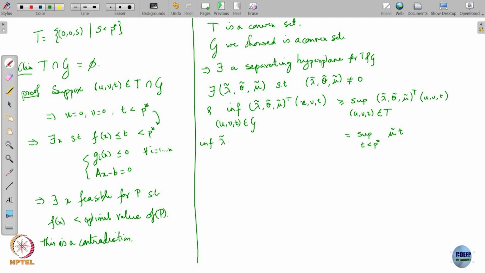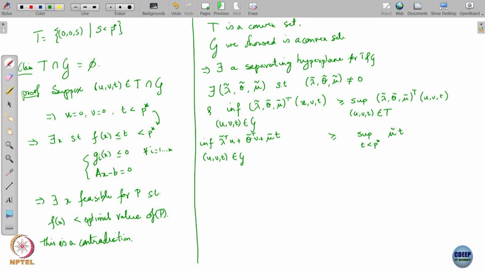So, let us write this as lambda tilde transpose u plus theta tilde transpose v plus mu tilde times t as u, v, t belongs to G, and so I should put this as a greater than or equal to.